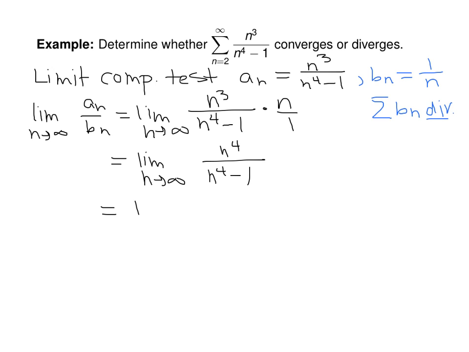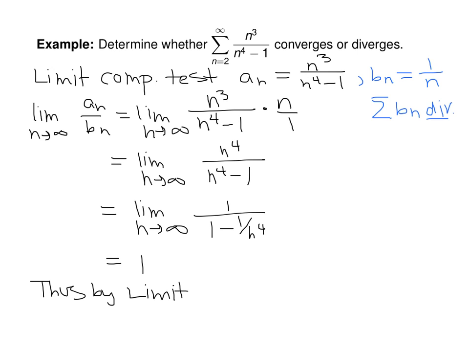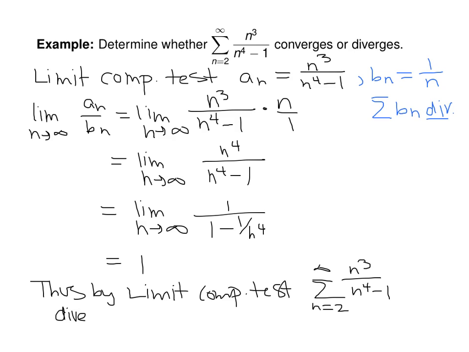Dividing the numerator and denominator by n to the 4th, we get 1 over 1 minus 1 over n to the 4th, and that limit is equal to 1. So thus, by the limit comparison test, you know that the sum from n equals 2 to infinity of n cubed over n to the 4th minus 1 diverges.